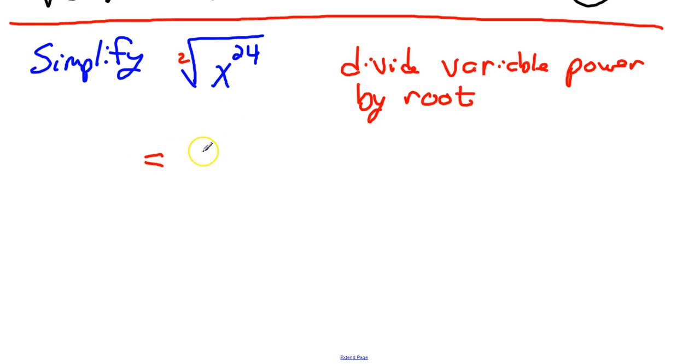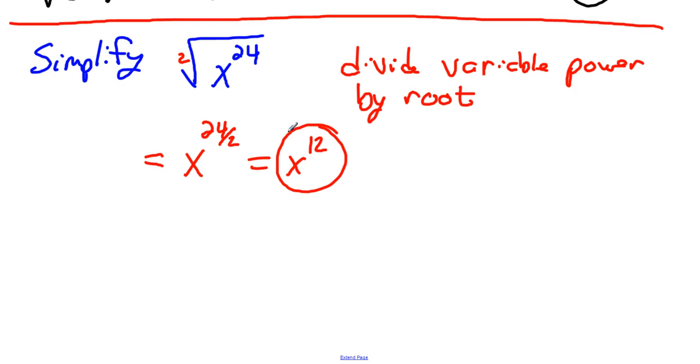So for this one, you can do x, do 24, and divide it by 2. If you do 24 divided by 2, that would make it x to the 12. Because if we're doing these in square roots, you're putting everything in groups of 2. Well, if you put it in groups of 2, if you've got 24, how many groups of 2 would you have? Well, you can cut it in half, right? So you'd have 12 groups of 2.